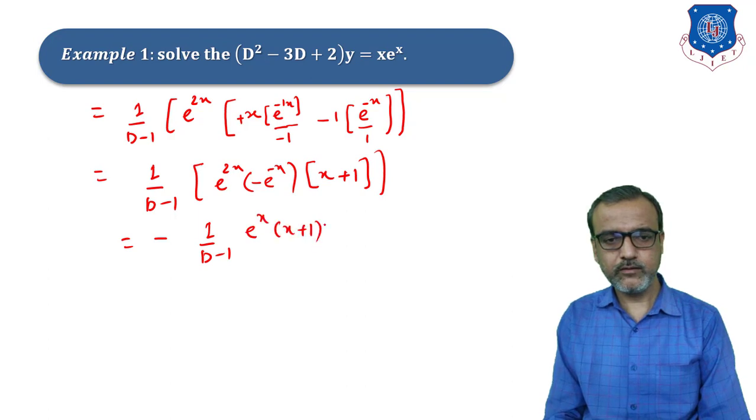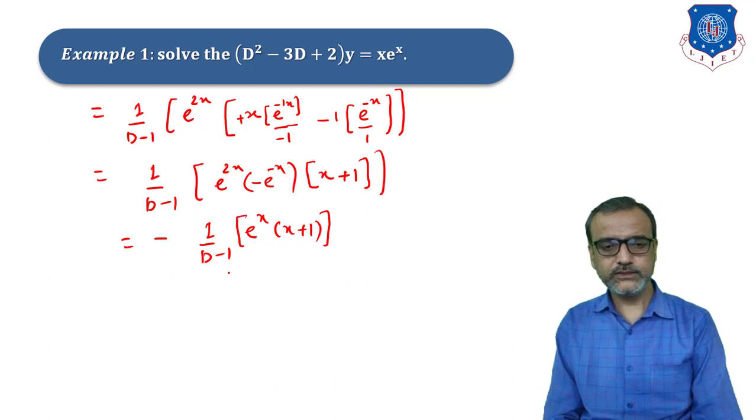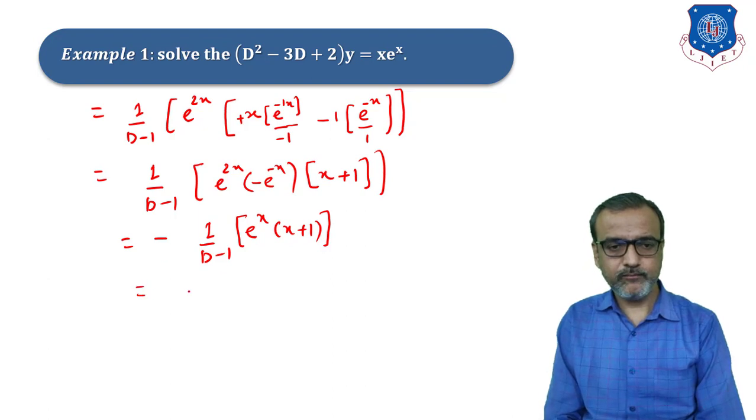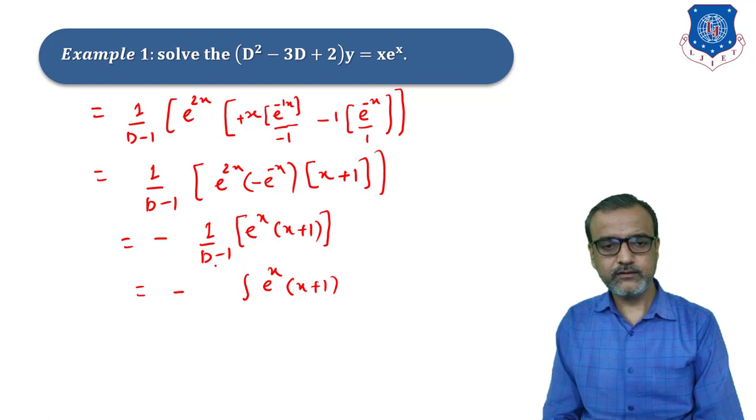Now on this function we will apply the operator D minus 1. So this minus sign will be as it is, integration of e raised to x times x plus 1, and for D minus 1 we write e raised to minus 1x inside, and e raised to plus 1x outside the integration.